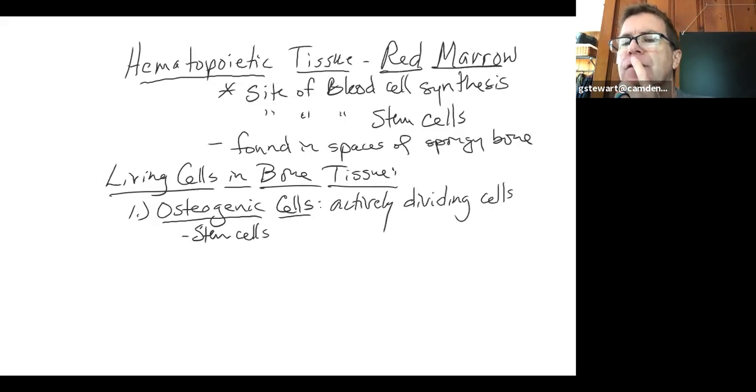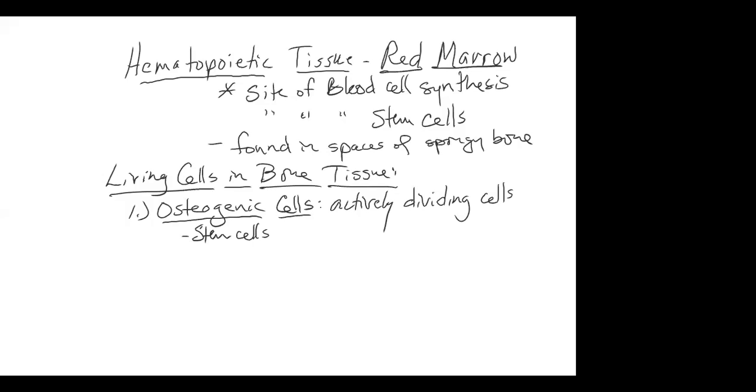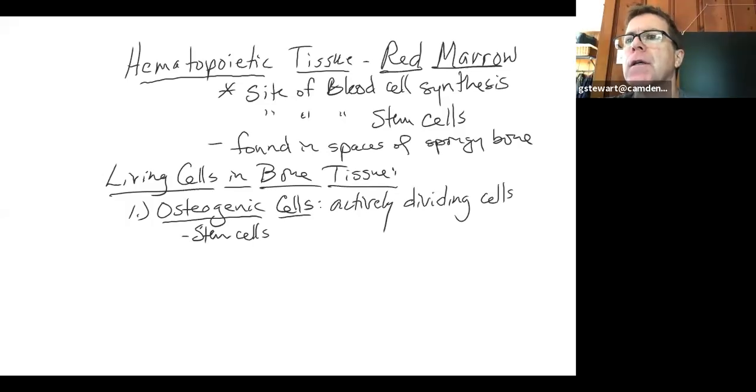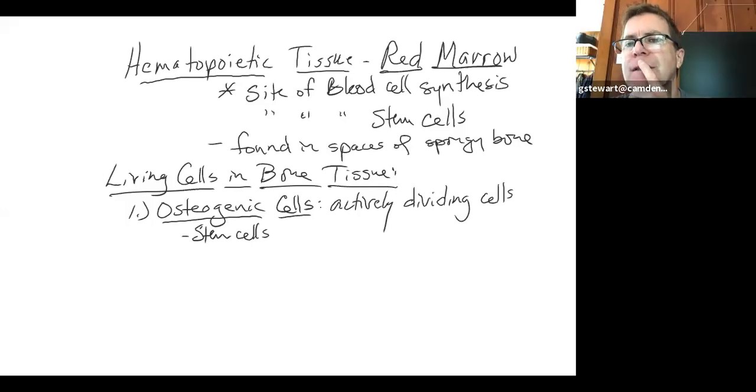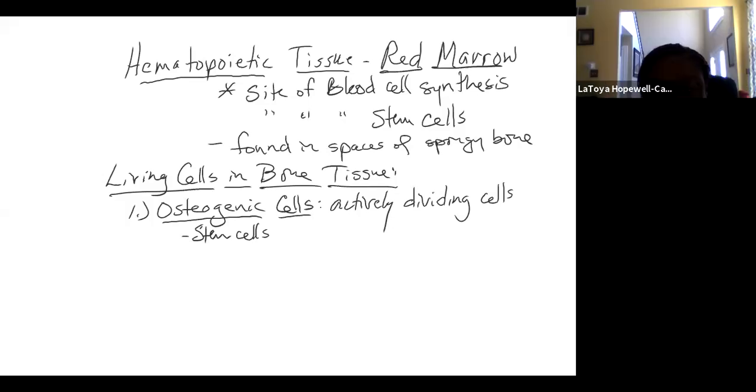So actively dividing cells, osteogenic cells, these stem cells are a type of living cell found in bone tissue itself. There's going to be 5 of these altogether, but I'm going to say a few more things about these osteogenic cells.